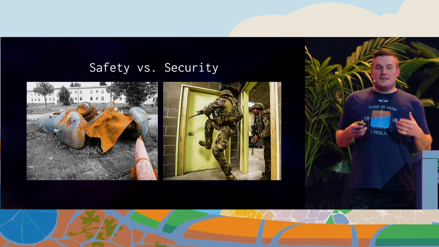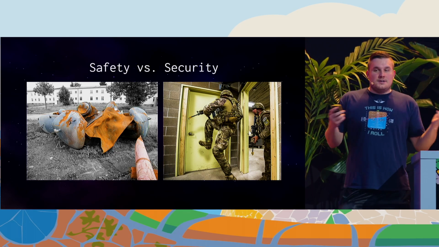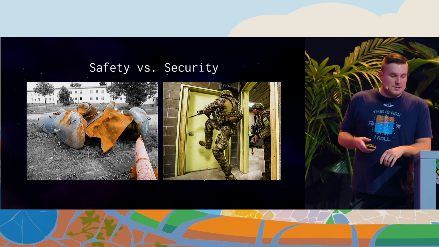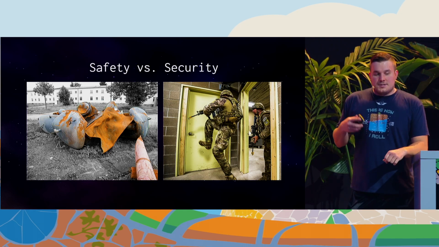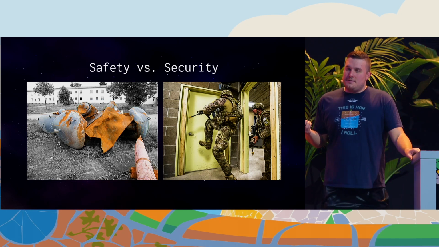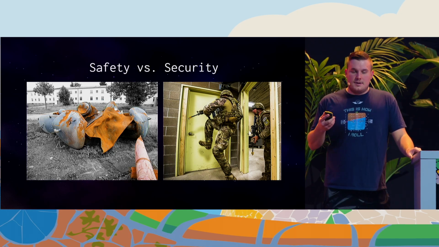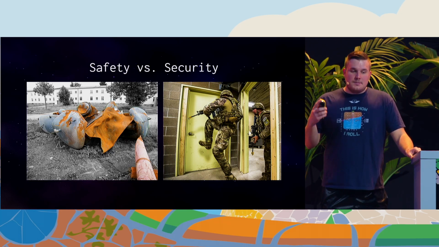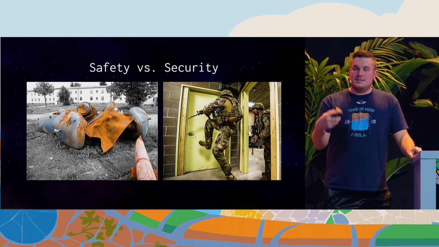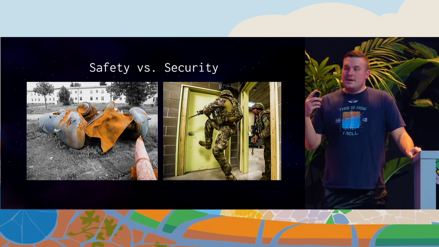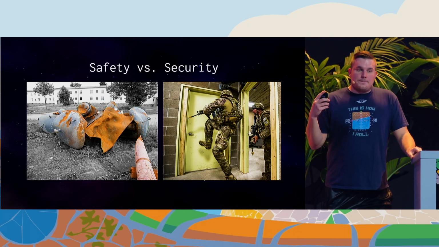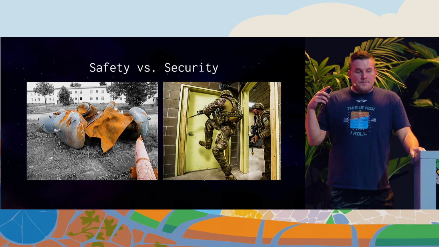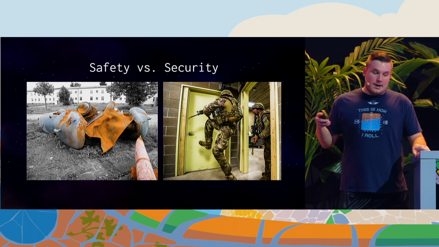Or an airplane, if its engine fails, it's engineers versus the mechanical properties of aluminum or whatever they build engines out of. Whereas security, on the other hand, you're not dealing with a predictable force. Security is really about intelligent agents coming to your system and trying to break it intentionally. They're trying to think of ways to use it that you didn't anticipate, ways to break in, like this picture of a guy breaking down a door here.